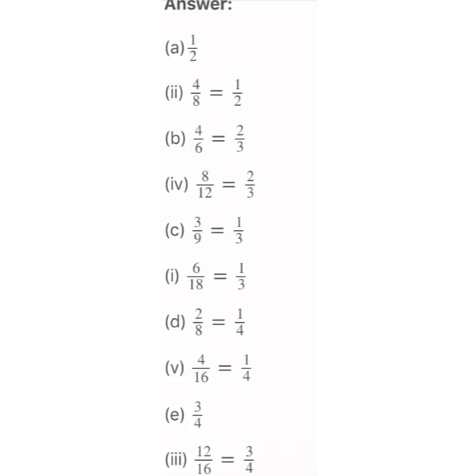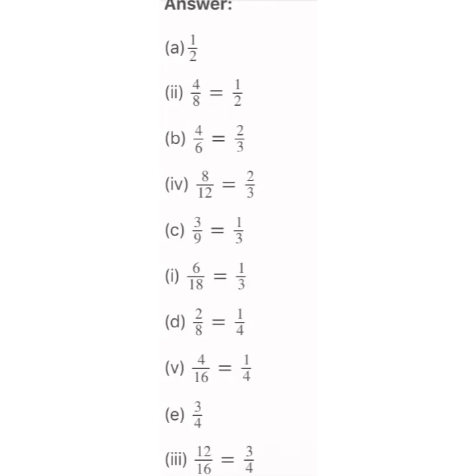Now D, children, here the fraction is 2 by 8 and the fraction equivalent to 2 by 8 is 1 by 4, which is the fifth fraction in the second row, and it is 4 upon 16, and when we reduce it into lowest form we get 1 by 4. So 2 by 8 is equal to 1 by 4.